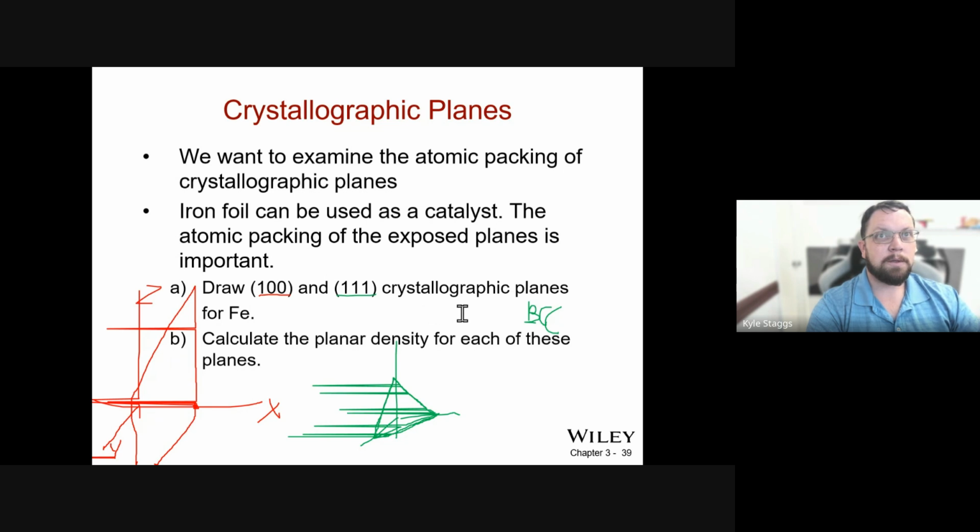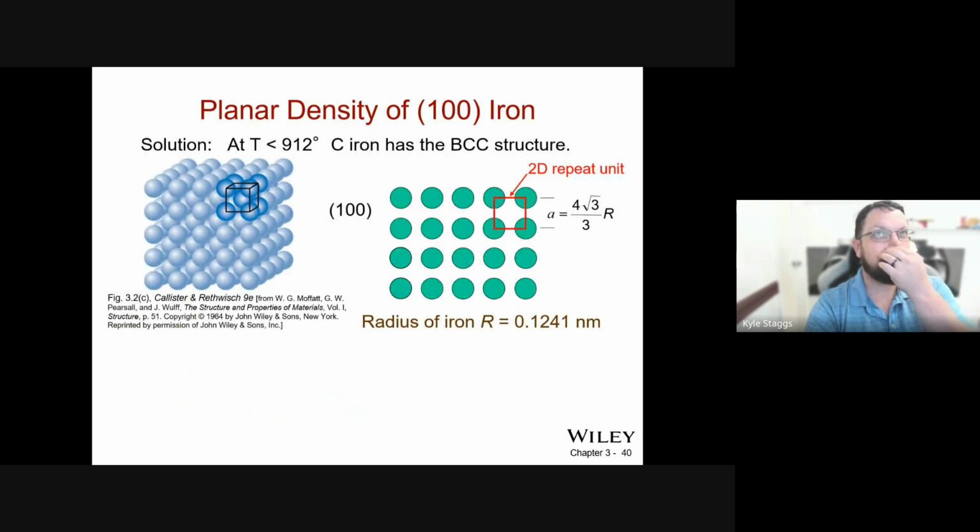So planar density for this one. Okay, yeah, they show BCC on the next group. I was going to say, I thought it was in the slide set, but I've slept since then.